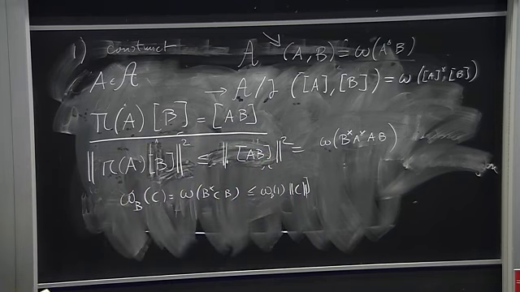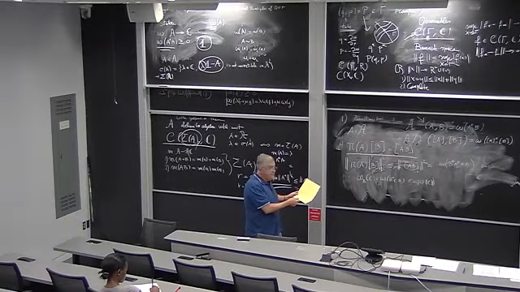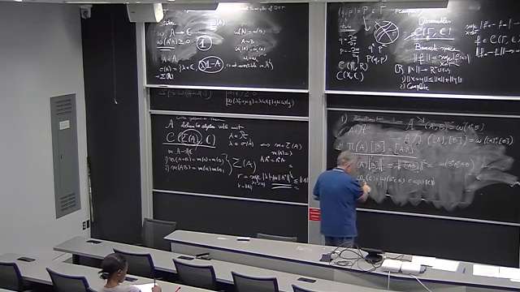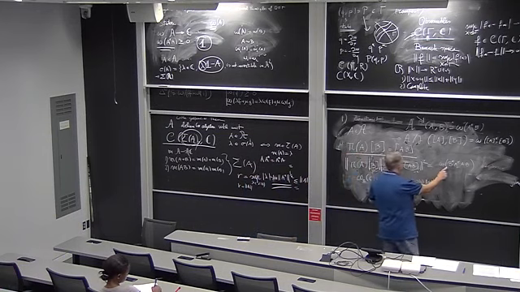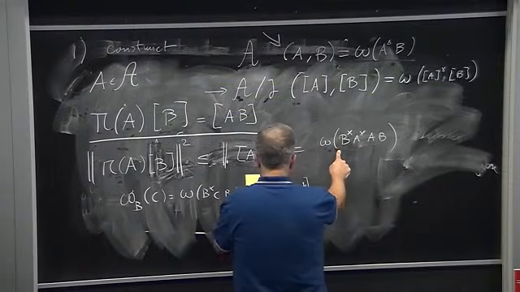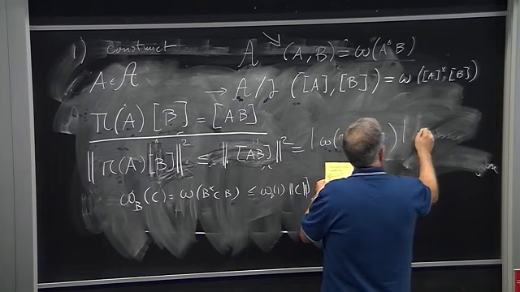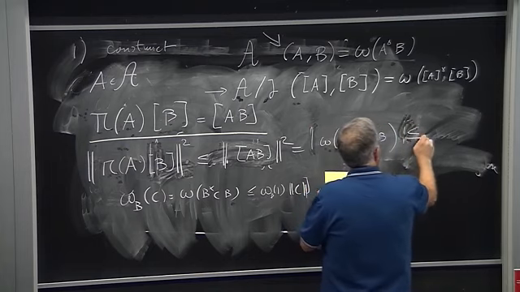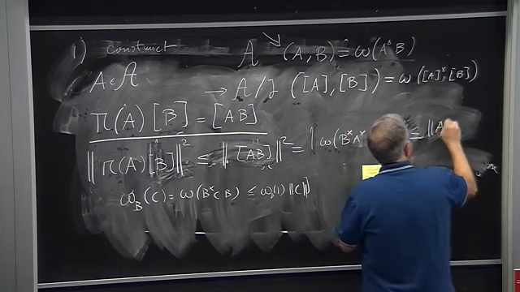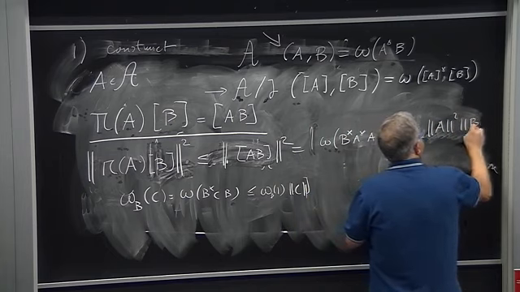Since it is a little bit late, I won't do the whole steps, but it's really elementary. Then, if you use this property, you get that this is positive and less or equal than norm A squared times norm B squared.